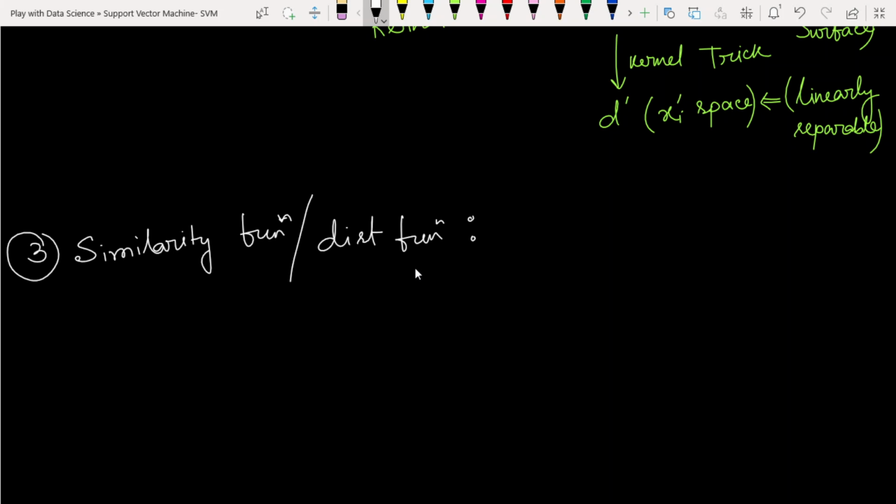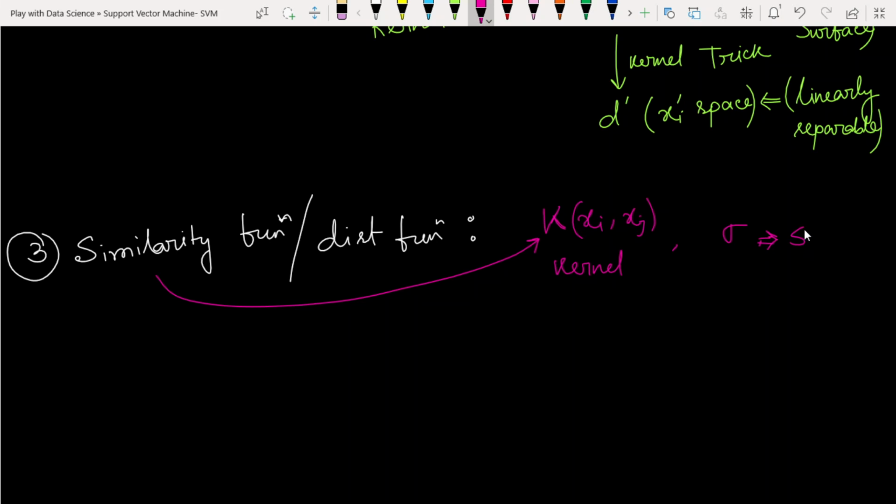We have seen the Gaussian function, which in other words is like a Gaussian probability distribution.